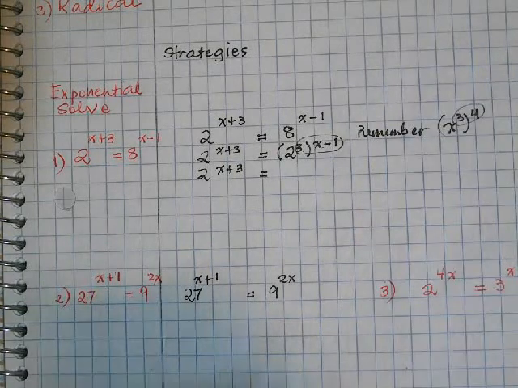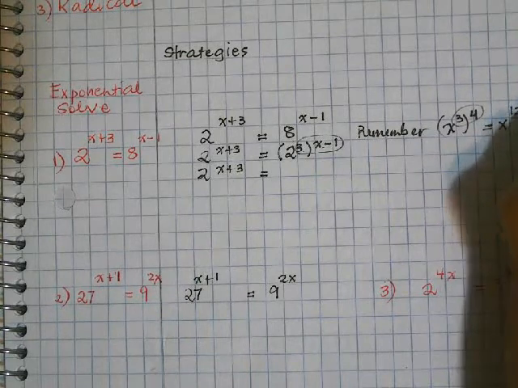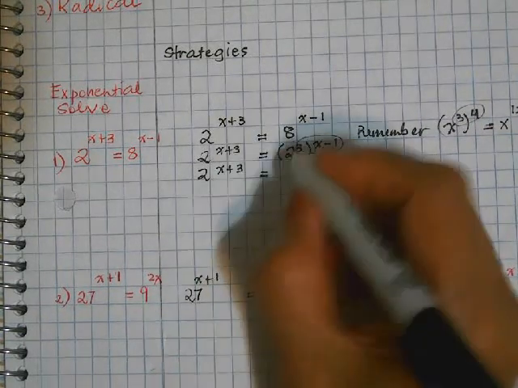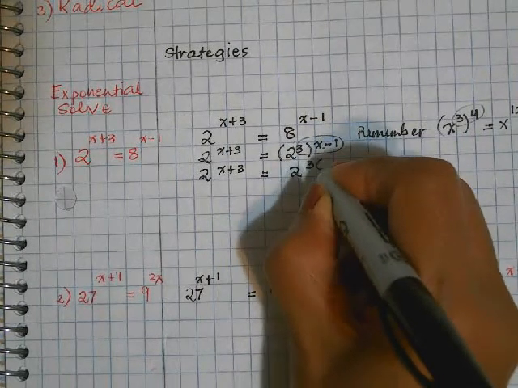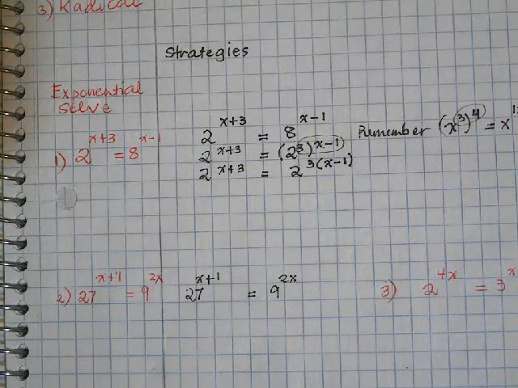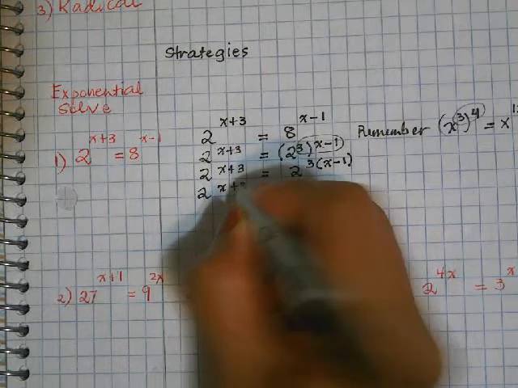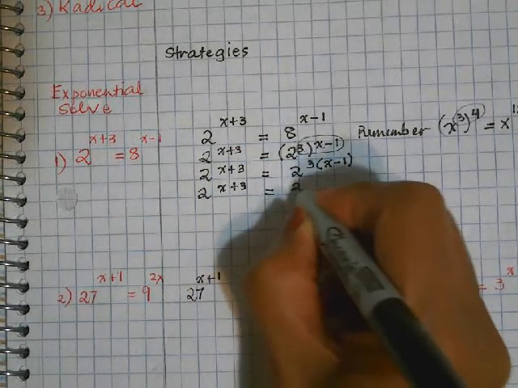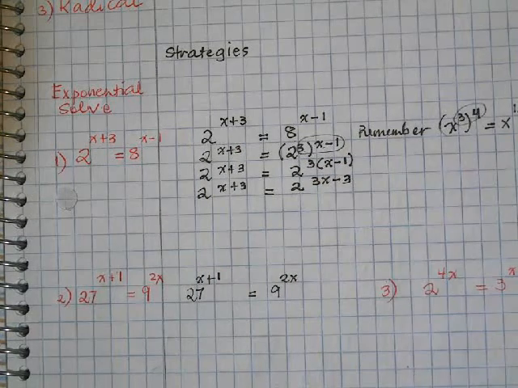So that will be x to the 12, right? The same way we're going to multiply this. So this will now be 2 raised to 3 multiplied by x minus 1. And then we have to distribute that. So this will be 2 raised to 3x minus 3.